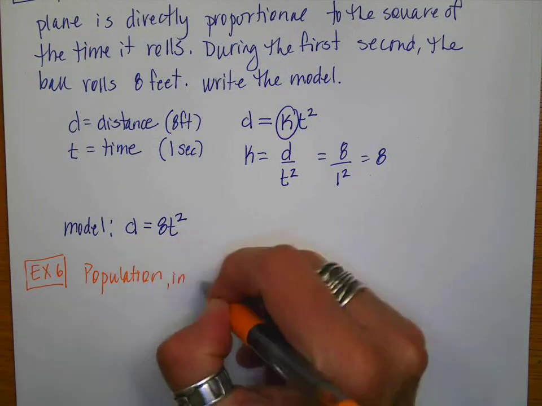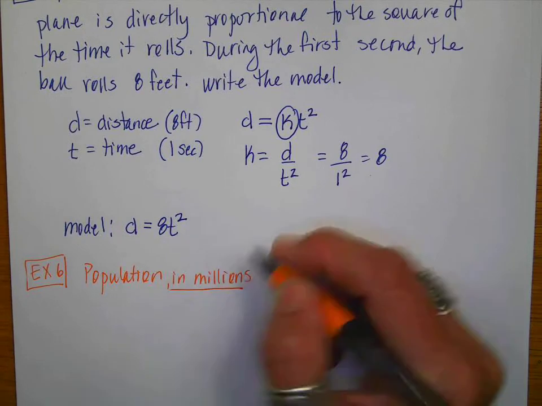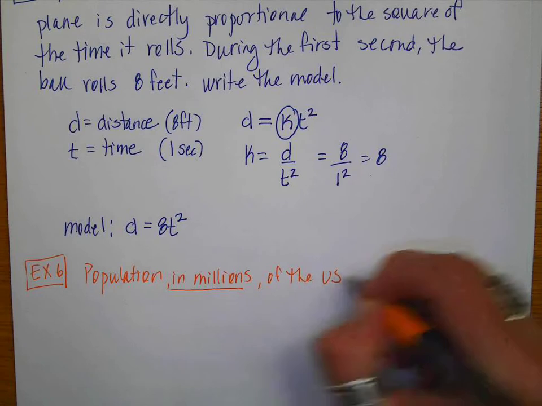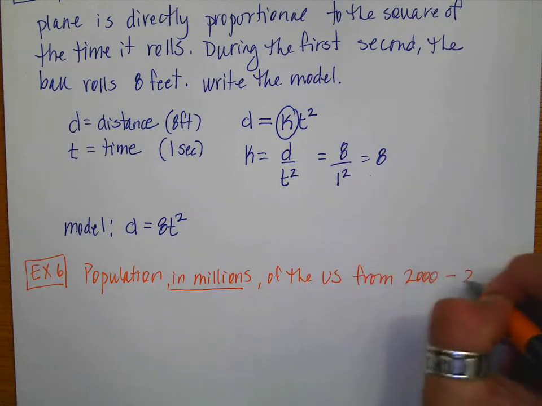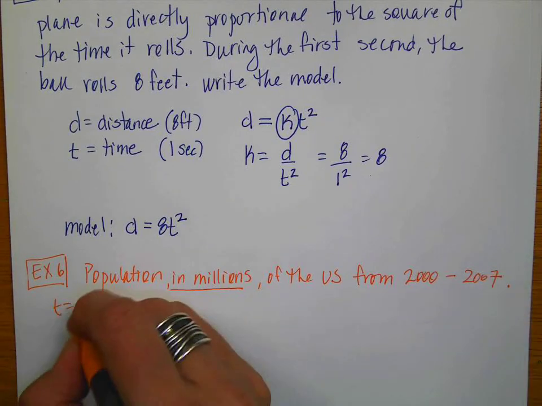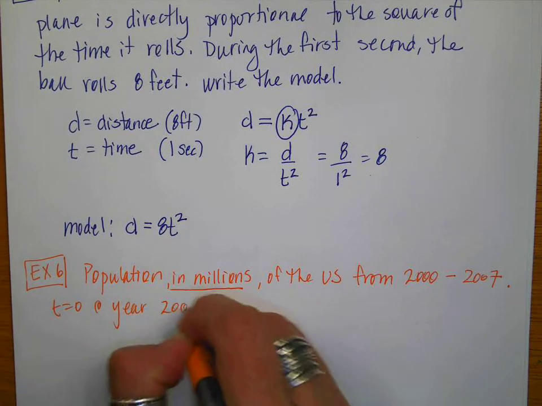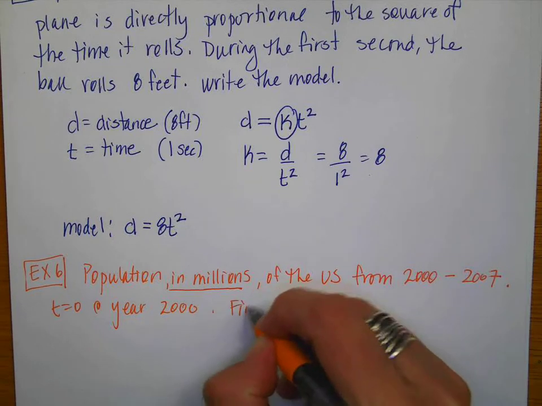So we're going to look at a set of data that has the population in millions. Always important to know what our population units are. The population of the United States from 2000 to 2007. Time equal to 0 is going to be at the year 2000. Okay? All right.